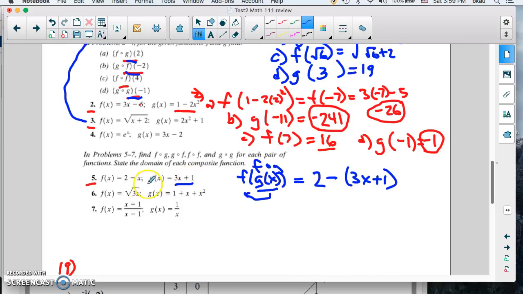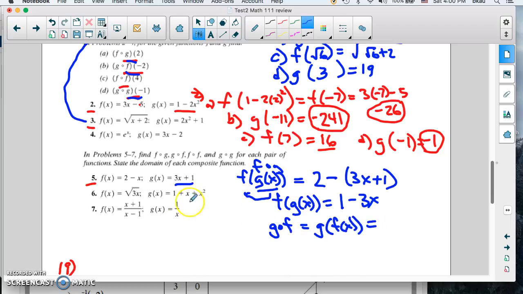So we take the 3x plus 1 and we replace that x. So f of g of x equals, this is going to change to -3x minus 1, so it's going to be 1 minus 3x.